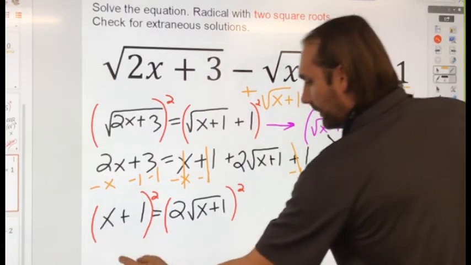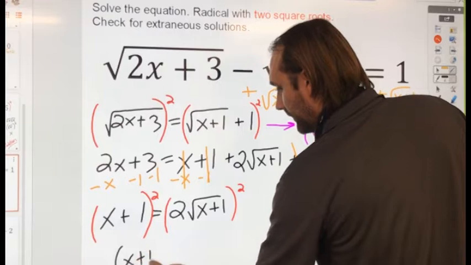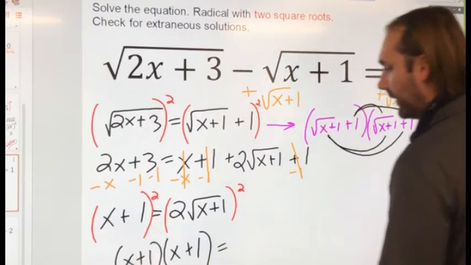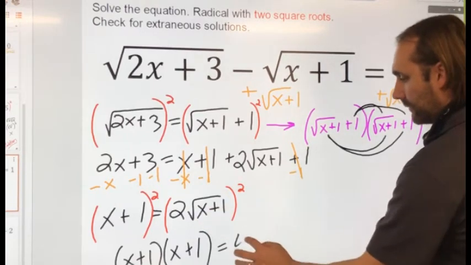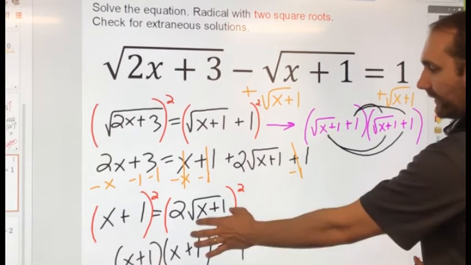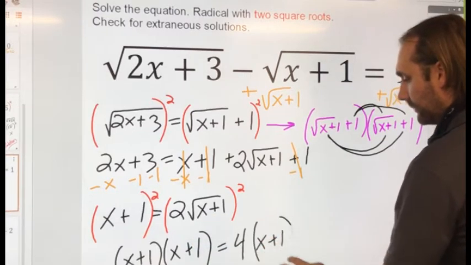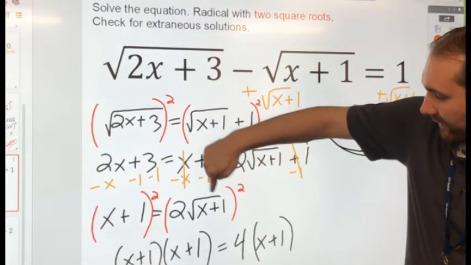This gives me x plus 1 times x plus 1 equals, now what happens here, what's 2 squared? 4, and when I square my radical, I get x plus 1. So that number here is still being multiplied to this set here.